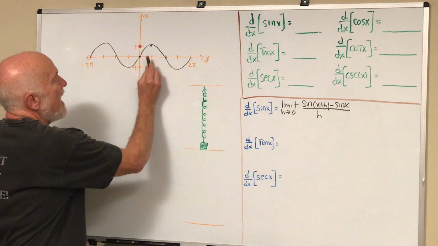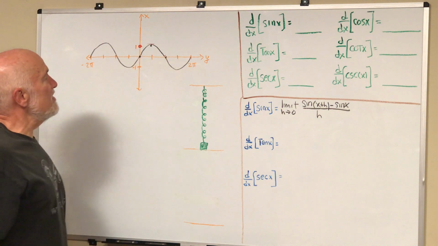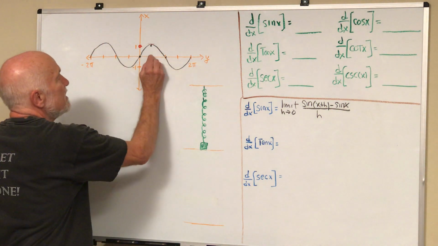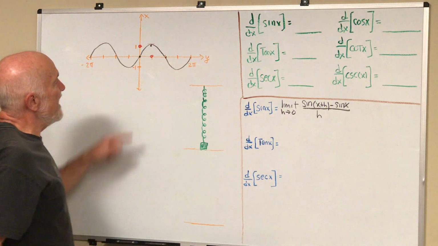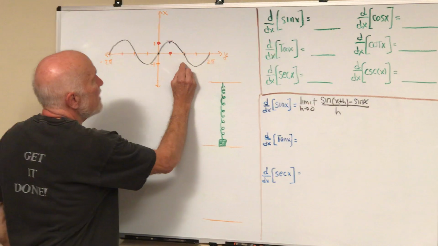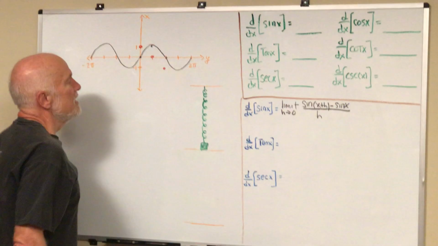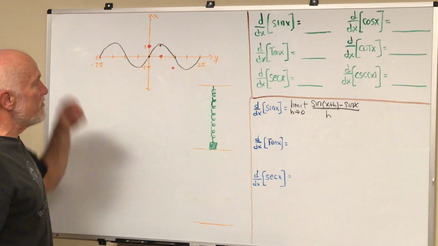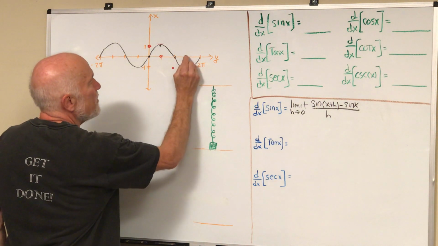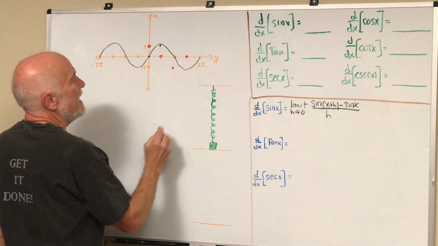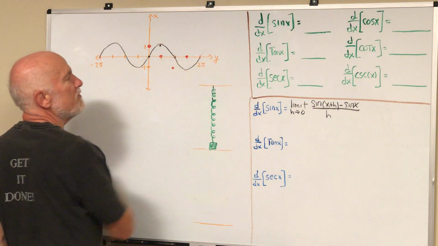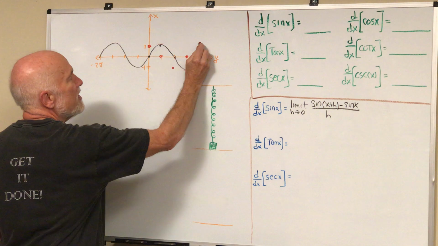Right here at pi over 2, the slope looks like it's 0. Then at pi, you get a negative 1 slope. And then at 3 pi over 2, we're back to a 0 slope. And then we get back to a slope of 1 if we were to continue the sine.